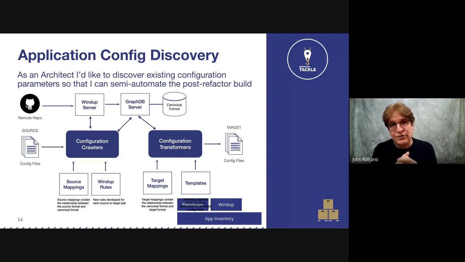But the idea here is to have something that can solve this problem for everyone as a common solution. We've written some Windup rule extensions, right, that are running on our Windup server, and those are using extra Windup rules that we wrote to go off and forage for information and get it back. Then the community could create new mappings or new translators or new collectors or whatever.